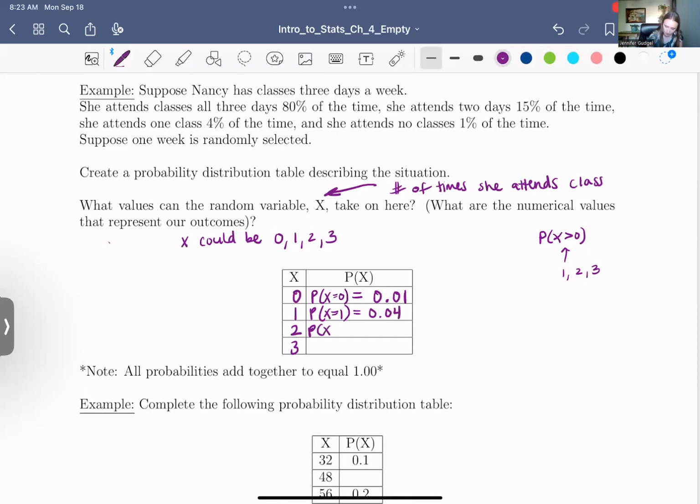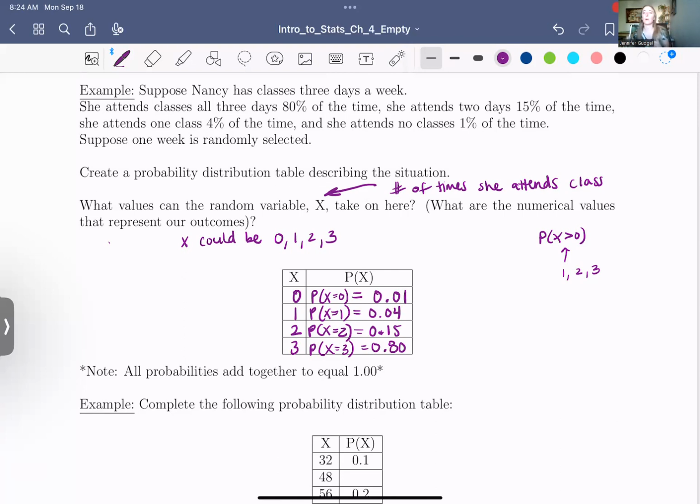All right, what's the probability that she attended class twice, exactly 2 times in a week? 15% of the time, so 0.15. And the probability that she attended class all 3 times is 0.80.